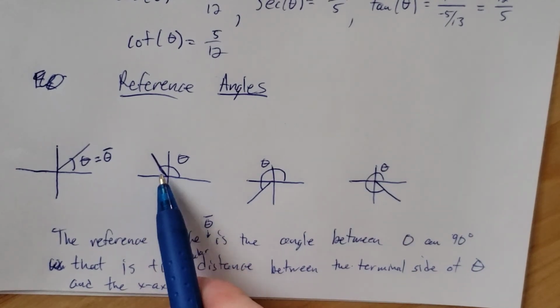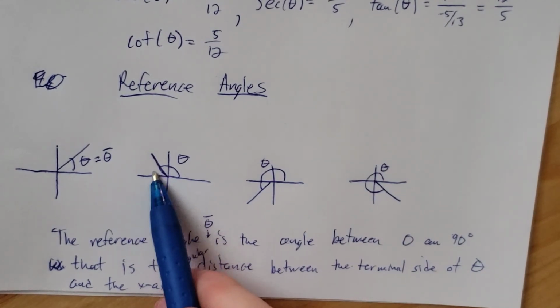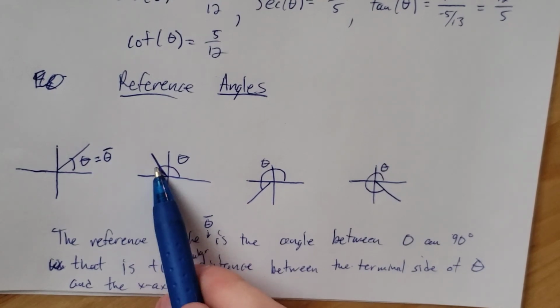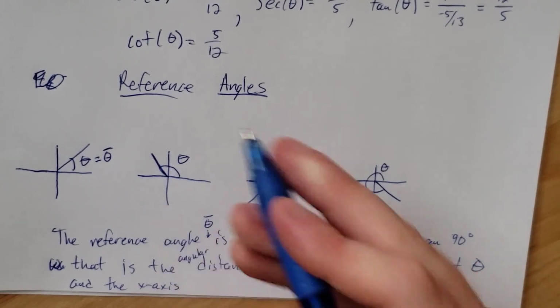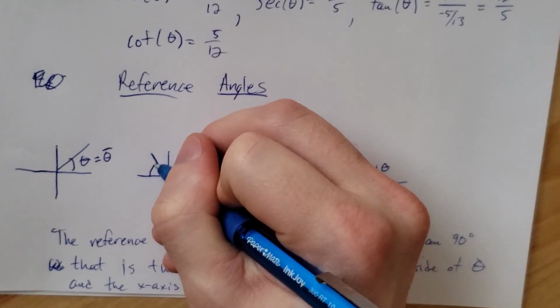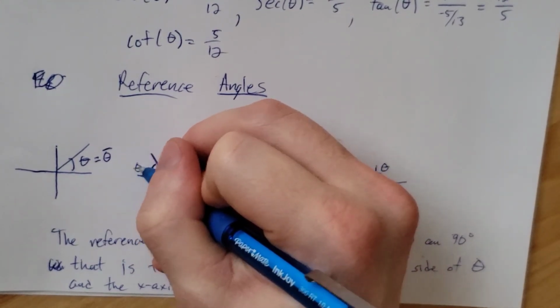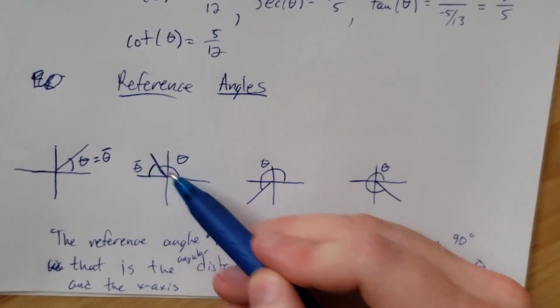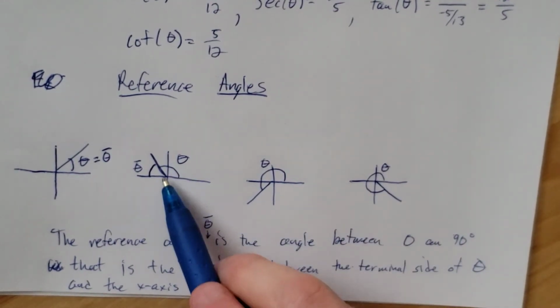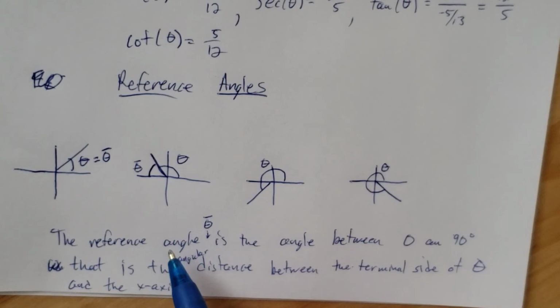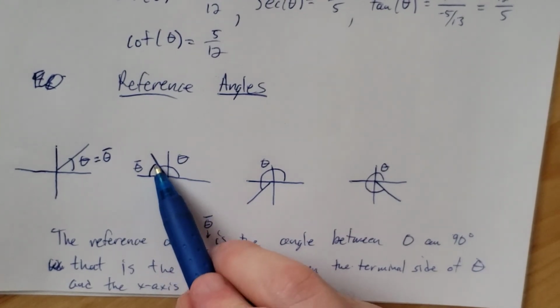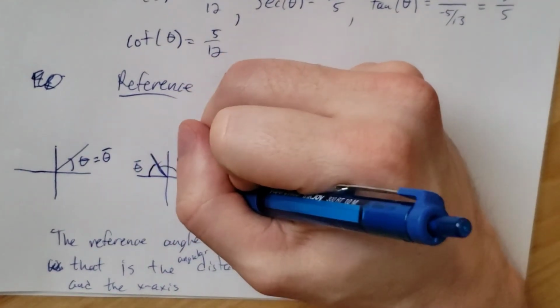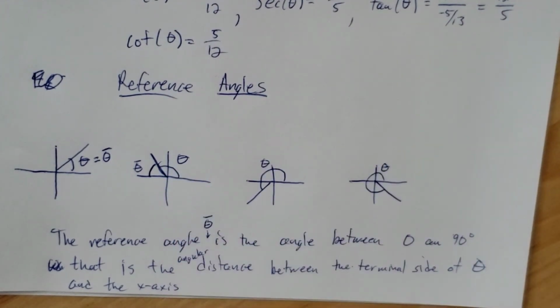All right, so what would theta bar, or the reference angle, be here when theta is in quadrant 2? Well, that's this part right here. Right, this is the angle between theta and the x-axis. And it's between 0 and 90 degrees, so I didn't go this way. I went this way.